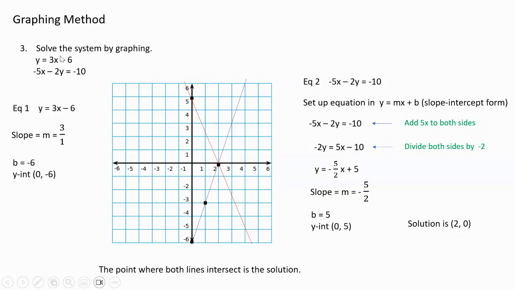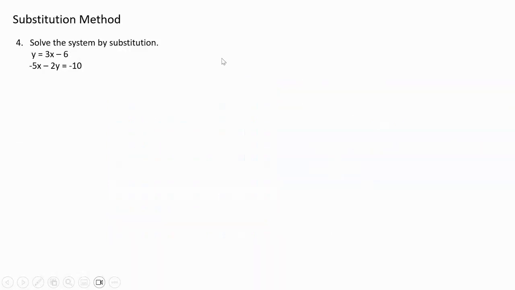Okay, now I'm going to do this very same one by substitution. So by substitution, you have to isolate one of the variables. In this case, in equation 1, the y is already isolated.